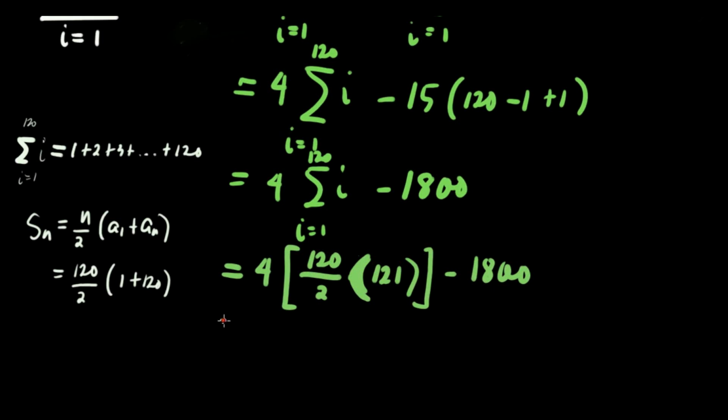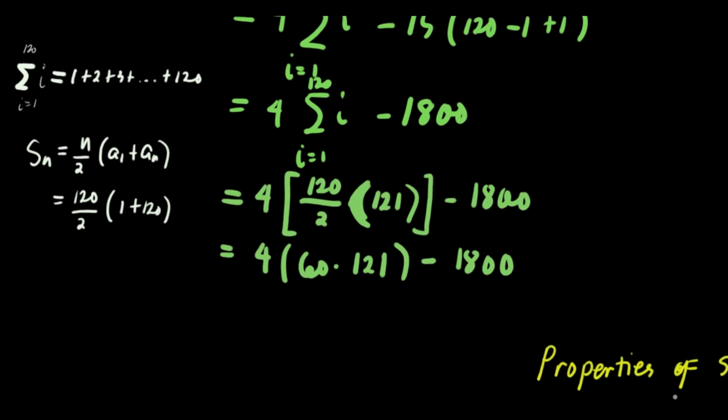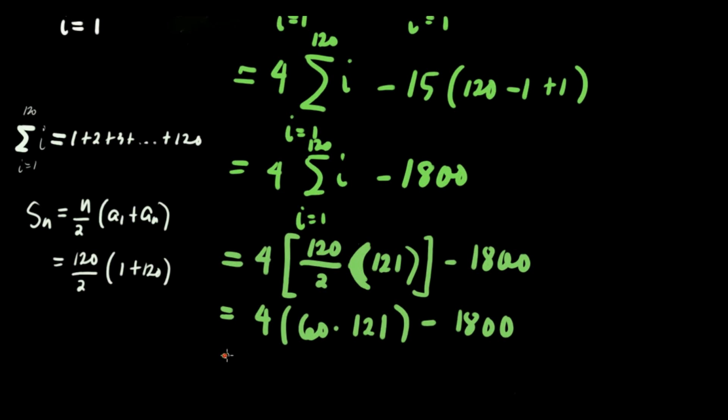And this is 4 times, this will become 60 times 121 minus 1,800. And 60 times 121 is 7,260. This is 4 times 7,260 minus 1,800.